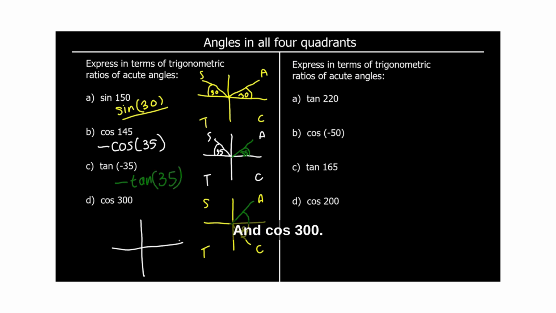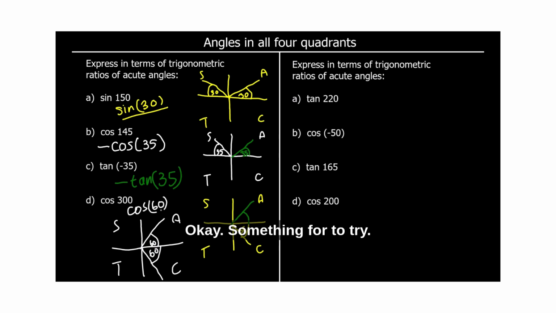And cos 300. So for 300, cos is positive here. Cos is positive between 270 and 360. So that is exactly the same as cos 60 degrees.